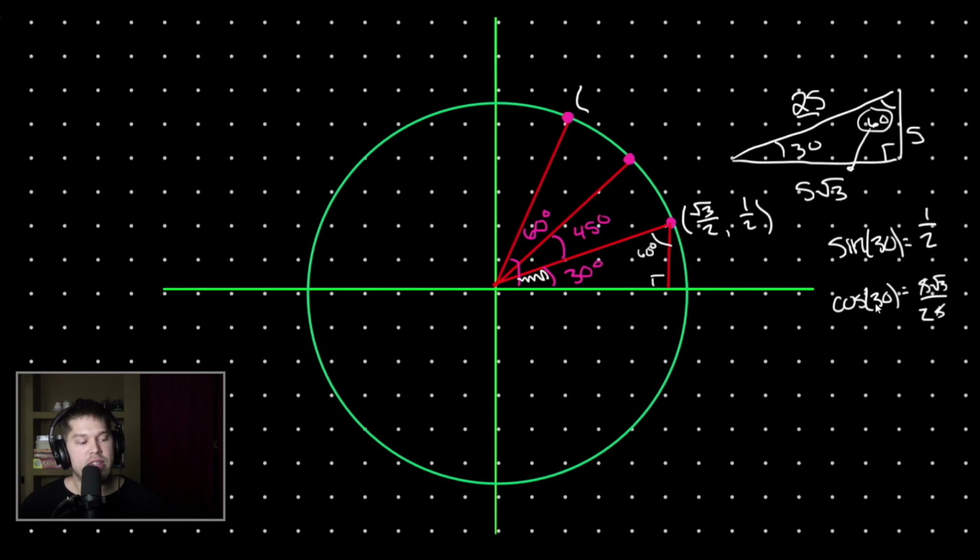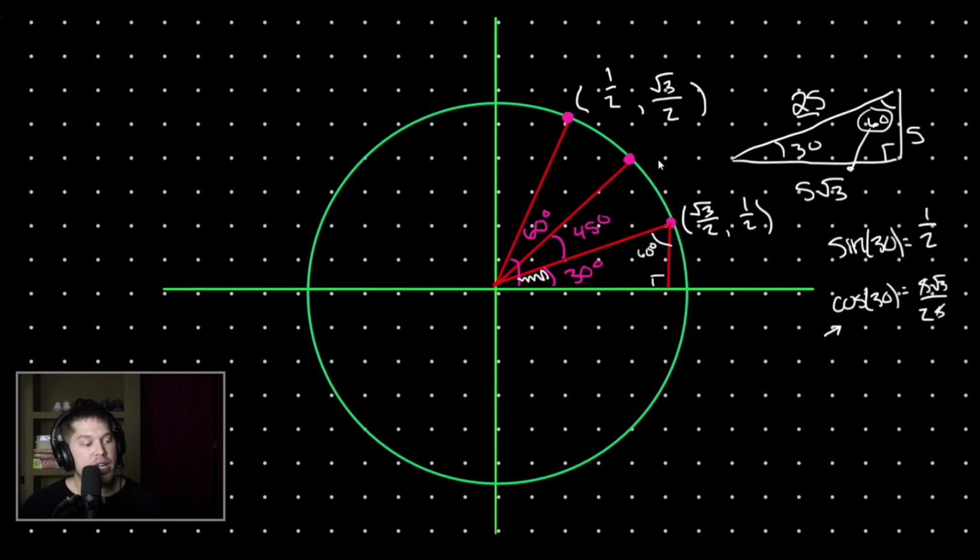And hey, notice that sine of 60 is the same as our cosine of 30. It's going to be root 3 over 2. And our cosine of 60 degrees is s over 2s, which is 1/2. So it just flip-flopped with the 30-degree angle.